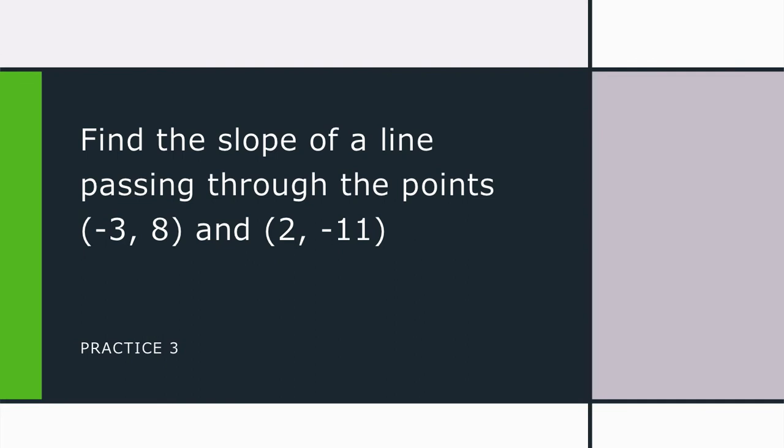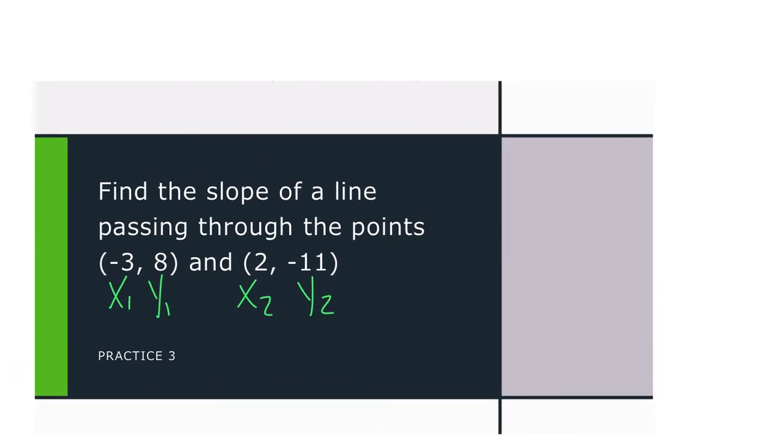All right, so now we have to find the slope passing through these points. There's no picture. There's nothing for me to make sure I'm doing this right. So I need to make sure I am labeling these right away. So this is x1. This is y1. This is x2. And this is y2. My equation is still the same. y2 minus y1 over x2 minus x1.